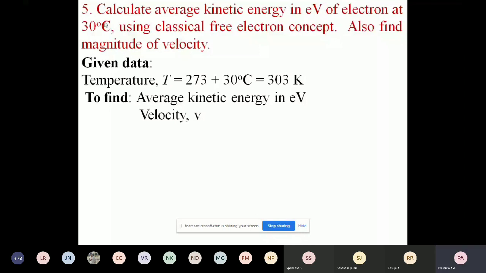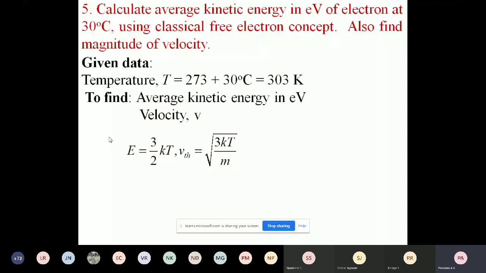It is very simple. Energy, according to the classical theory, is 3 by 2 kT. And also energy is half m Vth square. Vth means it is the thermal velocity. In the place of E, you can write half m Vth square, that is equal to 3 by 2 kT. And on rearranging, simplifying, you will get this expression.